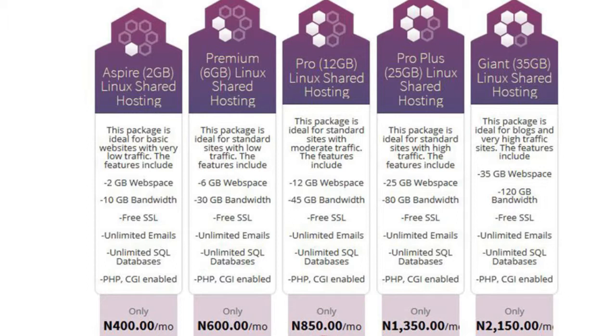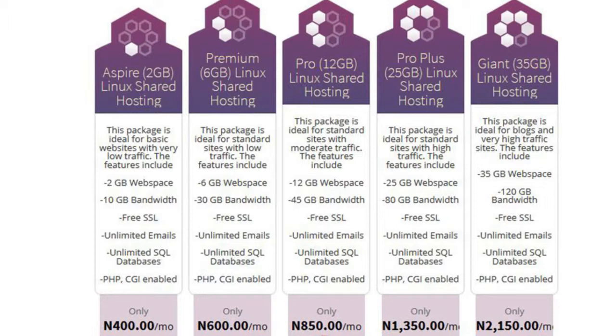So we have the Giant 35 Linux shared hosting. This package is ideal for blogs and very high traffic sites. The features include 35 GB web space, 120 GB bandwidth, and it costs 2,150 Naira per month. That's very cheap. So there are 5 different hosting packages on Google based on your budget and the size of your proposed website.